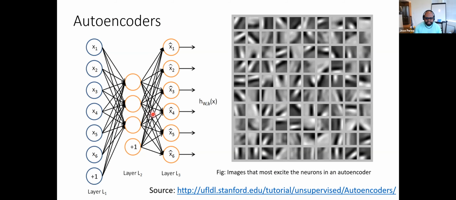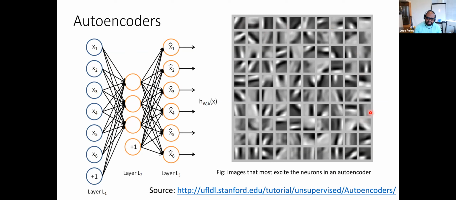If you take one of these autoencoders and you train it on natural images, the sort of photos that we see every day, what scientists have shown is that the neurons that are trained through this process tend to be edge detectors. What do I mean by that?